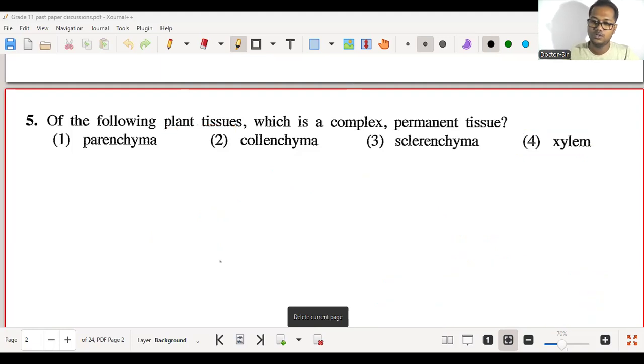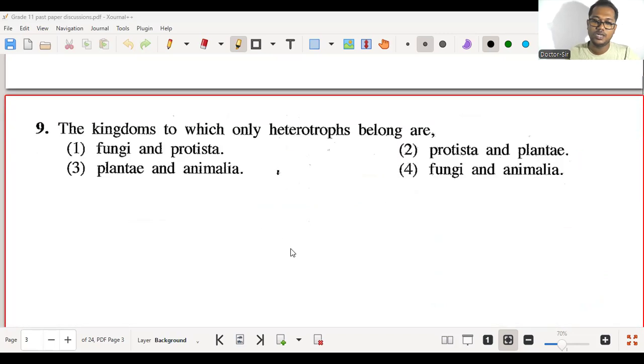See the next question. This is question number 9, and I will give 1.5 minutes. Try to find the correct answer. If you finish as soon as possible, send the answers to me via the chat box.